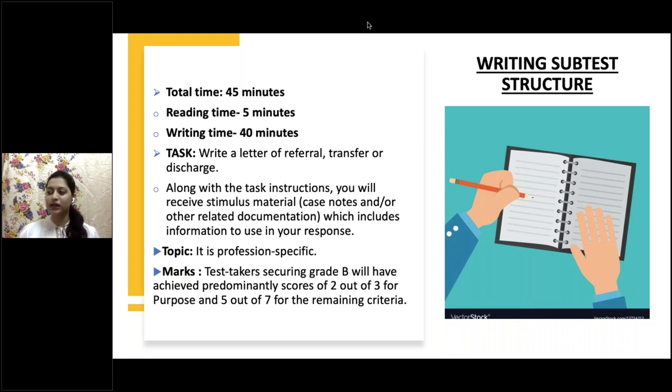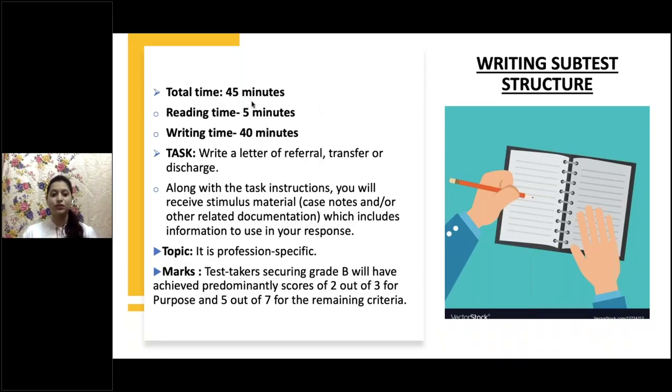In this reading time, you're supposed to plan your response and select the relevant case information. You cannot write during this time or underline or make any kind of notes whatsoever during your reading time. And in your writing time, that is when you actually write the task. So you're supposed to write a letter of around 180 to 200 words in the writing test, in the answer booklet provided.